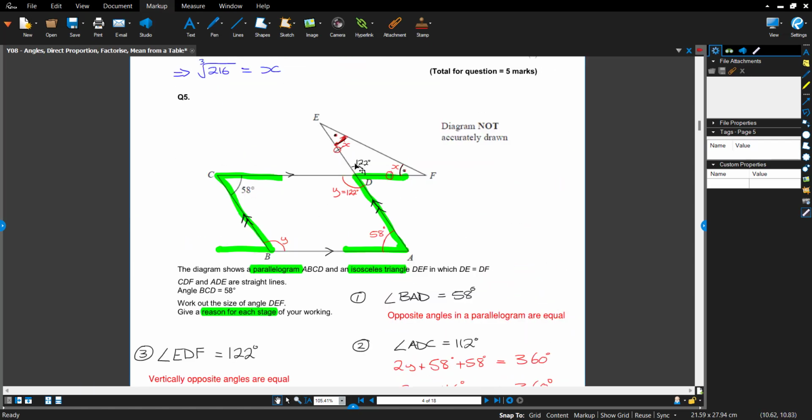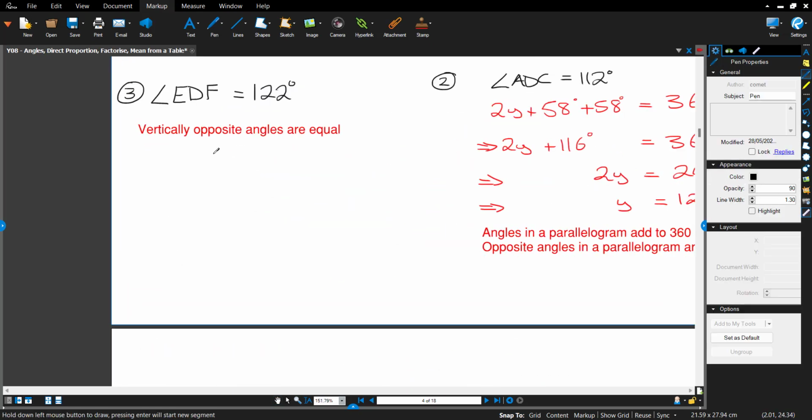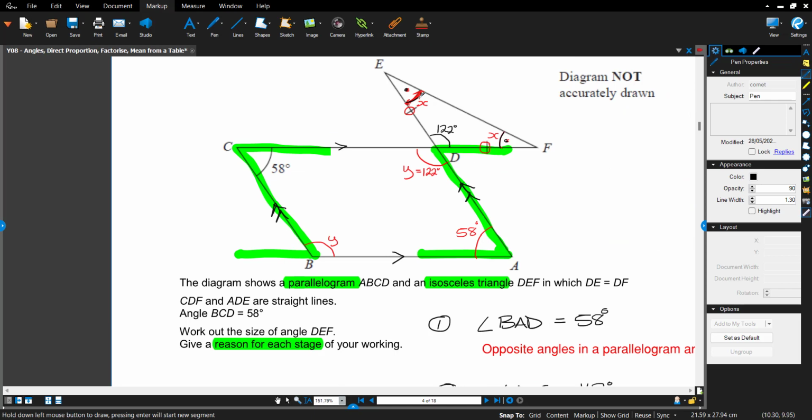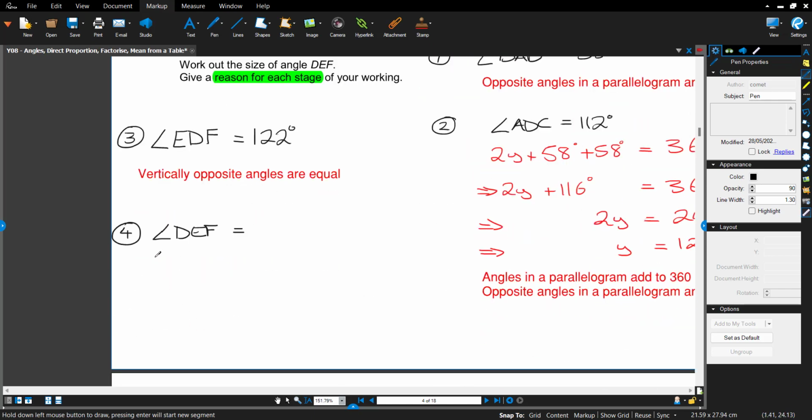So what's the angle we're looking for? DEF. All right, so we're going to get angle DEF now. DEF equals, well, we don't know what it equals right now, but let's do it. So we have 180 minus 122, that'll give us 2x.